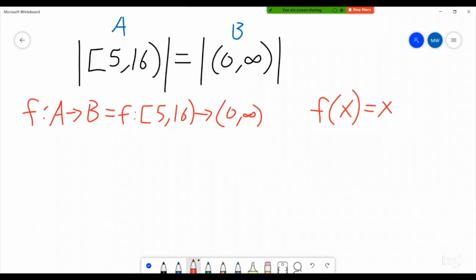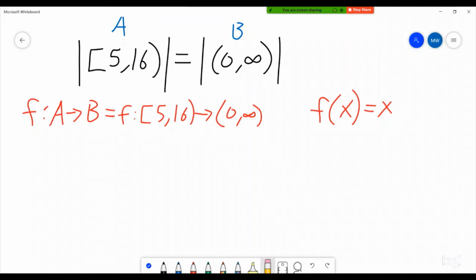But your other function, 17 minus x, is also going to be an injection. So both of those would be valid injections, but we just need to have one injection. So saying f of x equals x as one injection from A to B is good enough for that half of our proof.